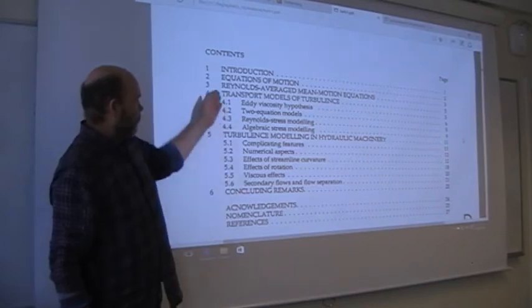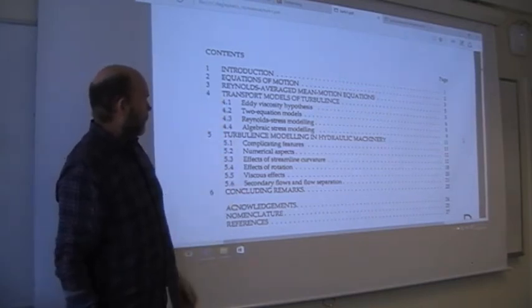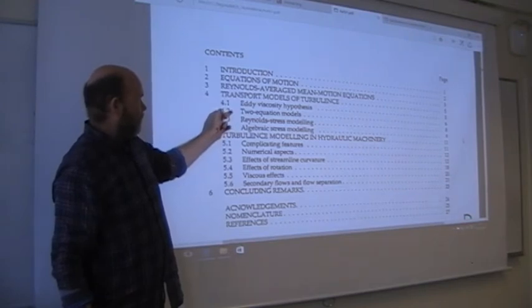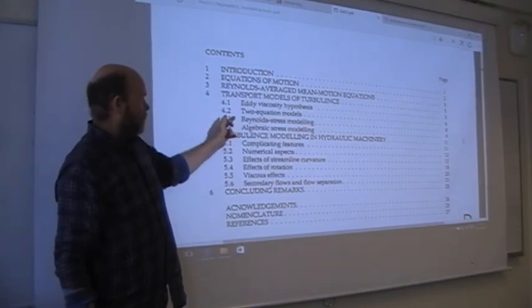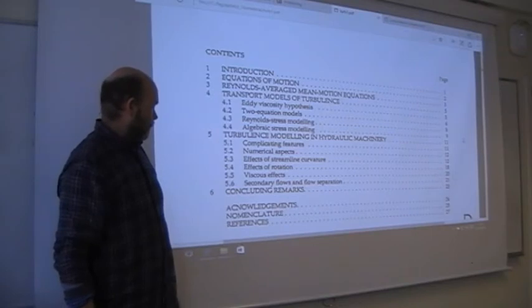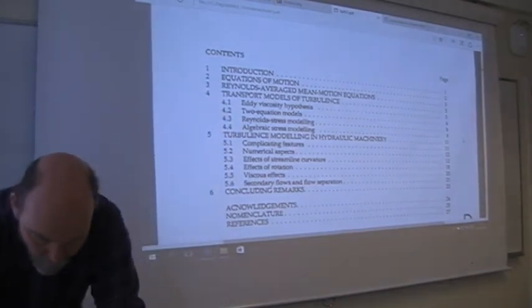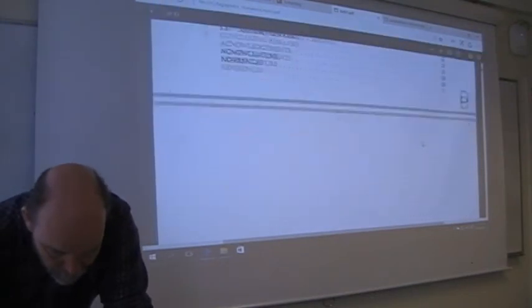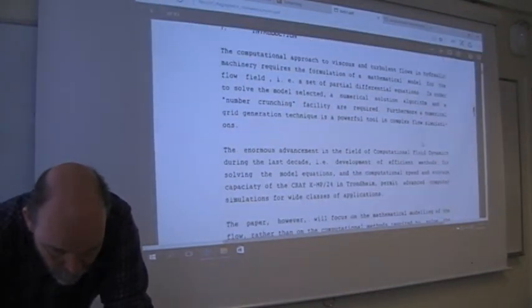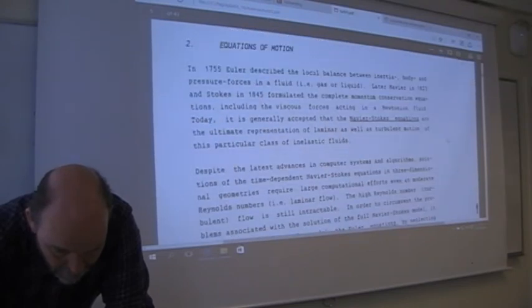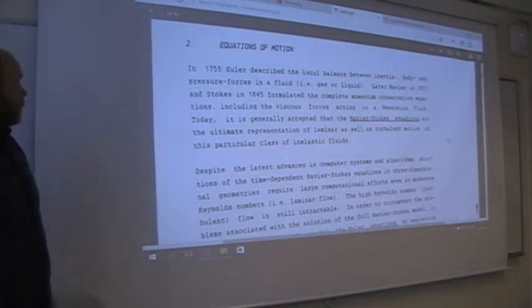So we're focusing a little bit on what we need on the two equation models, and then also the Reynolds stress modeling and the algebraic stress models. So this is our focus. I won't go through the introduction here.